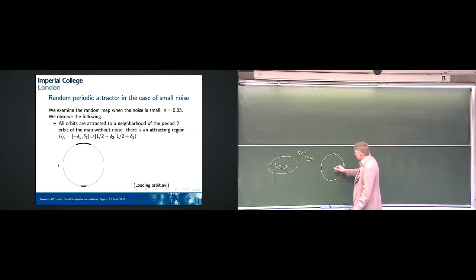Well, typically, without the noise, everything was basically attracted by the period 2 cycle. So the points jump back and forth here. And if I add some noise, then this will become fuzzy, because I'm here and then my noise kicks me a little bit away, but then my dynamics will pull me back in and so on.